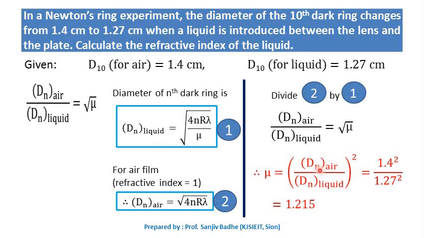So the diameter of the nth dark ring with air film is given as 1.4 centimeter, and the diameter of the same nth dark ring, that is ring number 10, with liquid film is given as 1.27. So mu is equal to 1.4 square upon 1.27 square, and if you calculate it, it comes out to be 1.215.